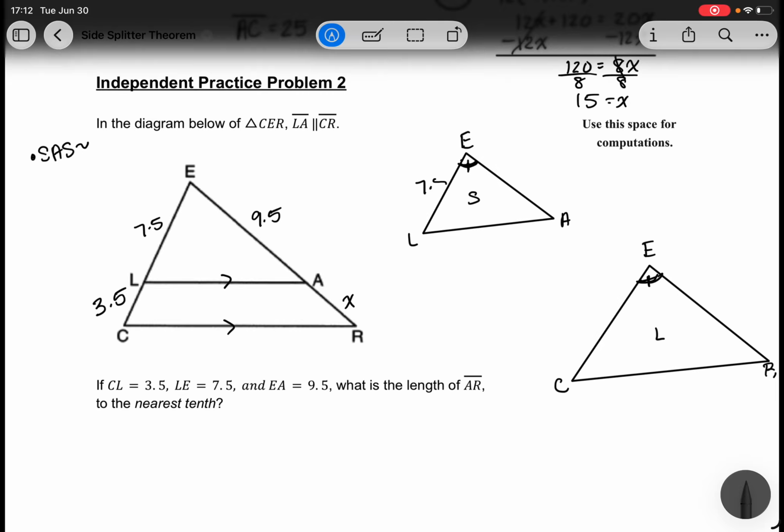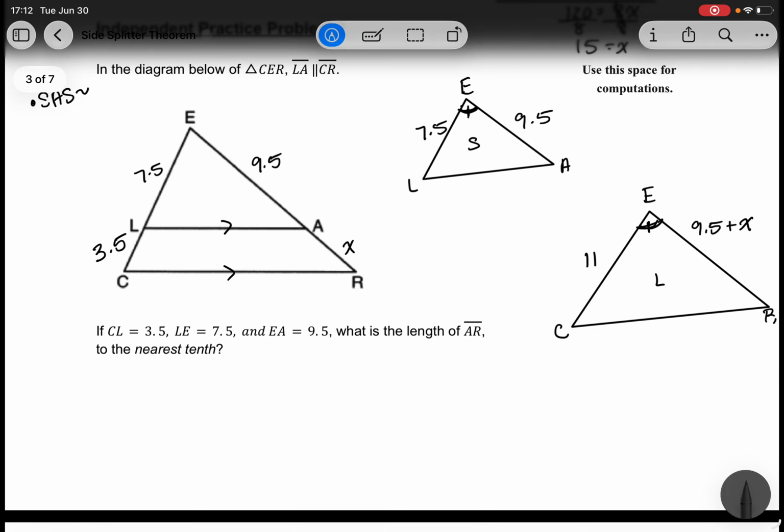EL is 7.5, EA is 9.5, EC is going to be 7.5 plus 3.5, which gives us 11, and then ER is 9.5 plus X. So once again, set it up as our proportion. I'm going to do it the original way I showed you. So 7.5 over 11 equals 9.5 over 9.5 plus X.